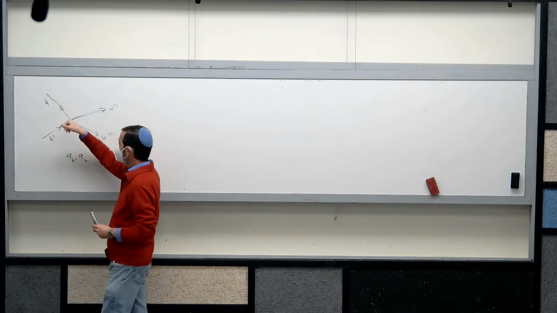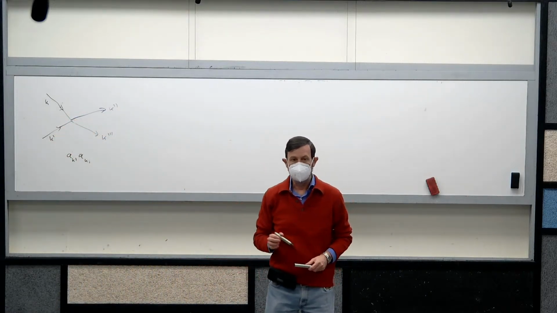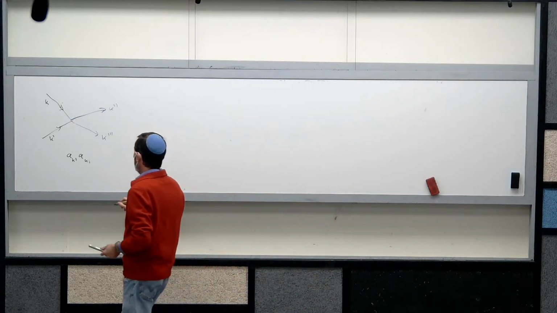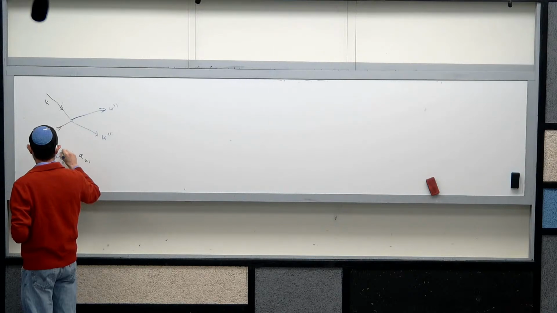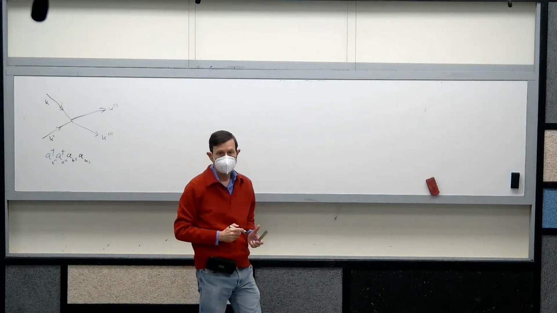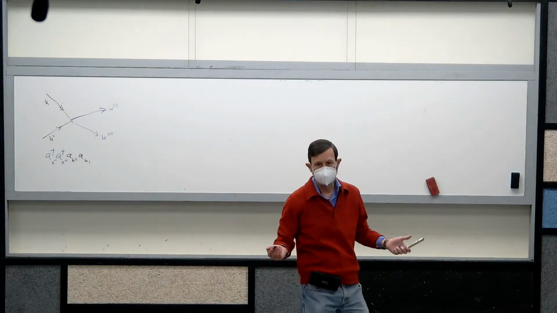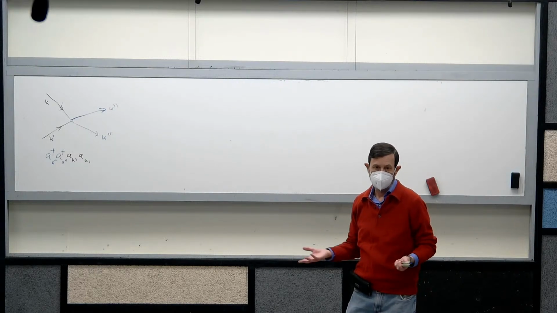I annihilate two particles that come into the collision and create them anew at two different momenta, k numbers, and that's the interaction.